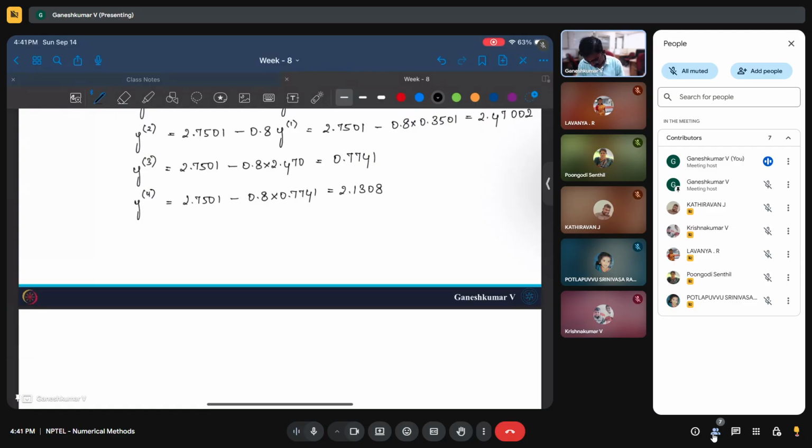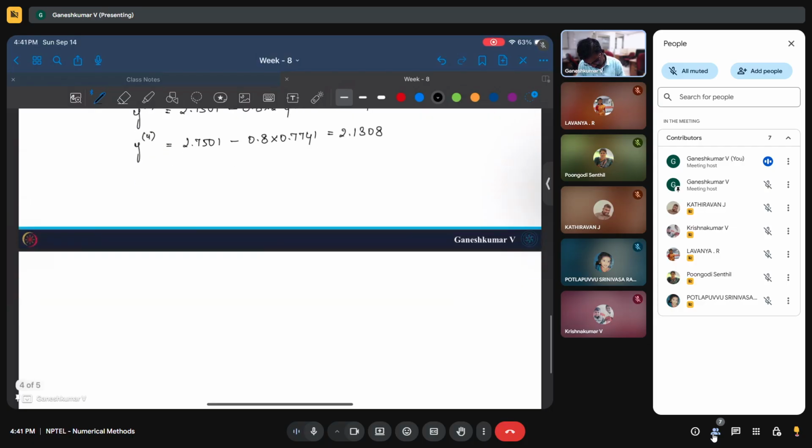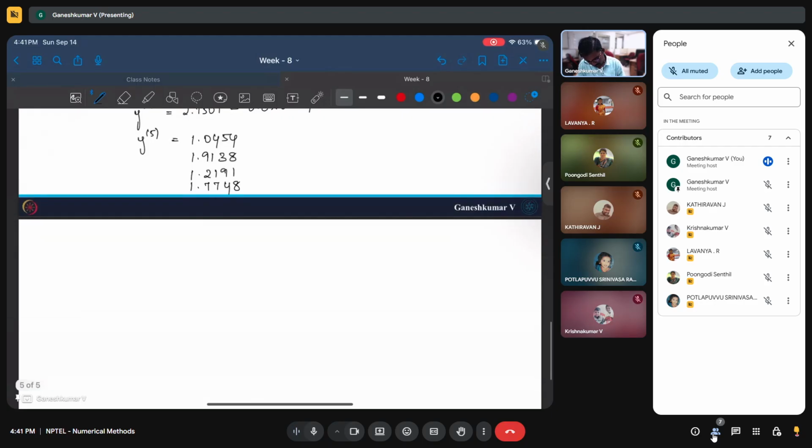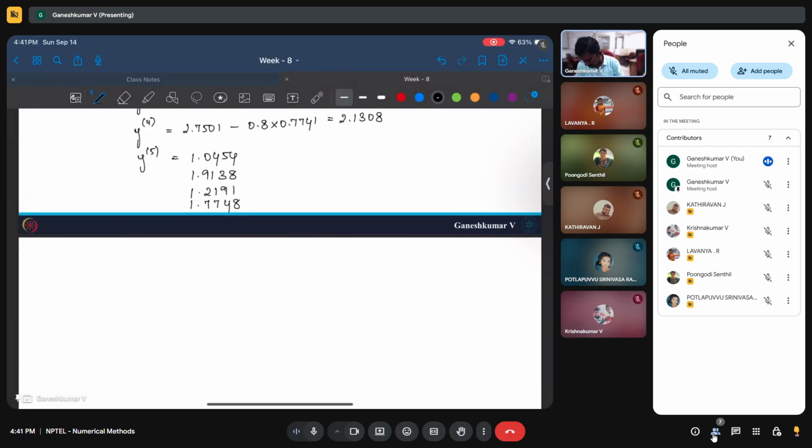2.1308. I actually did this, and at y of 5 I got something like 1.0454, and then 1.9138, and then 1.2191, 1.7748. So it kept on going, and let's say this is 3, 4, 5, 6, 7, 8, and so on up to 30.